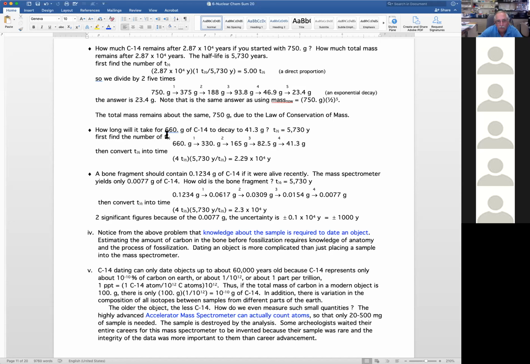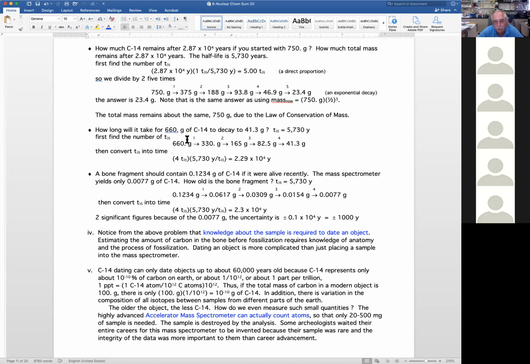How long will it take for 660 grams of carbon-14 to decay into 41.3 grams? So now I got grams and grams. I can use that to figure out how many half-lives went by. So 660 divided by 2, divide by 2, divide by 2, divide by 2.